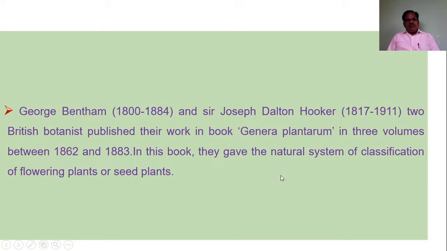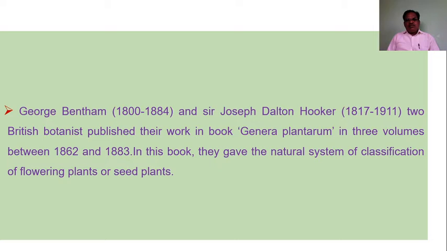This system, as I told you, was proposed by two scientists, George Bentham and Sir J.D. Hooker. These two British botanists proposed this system and published their work in the book Genera Plantarum, in 3 volumes between 1862 and 1883.